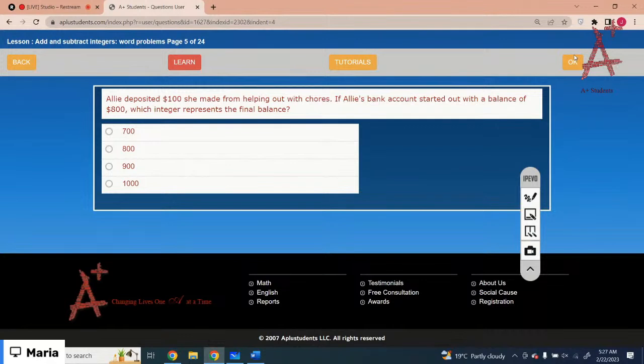So 800 plus 100 equals 900. Got it? The balance was 800, she deposited 100 more, so it would be 900.